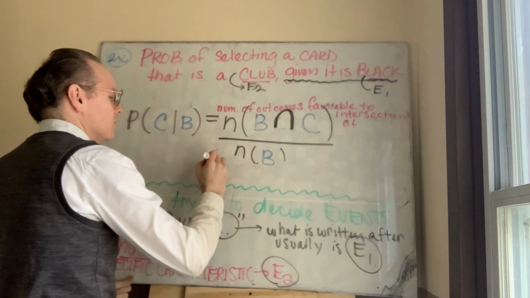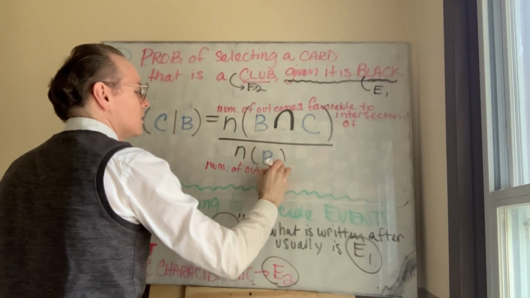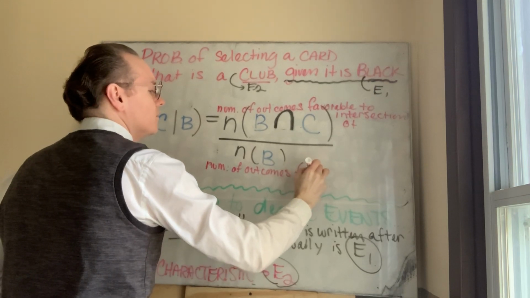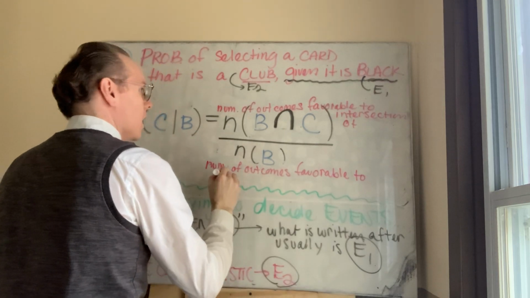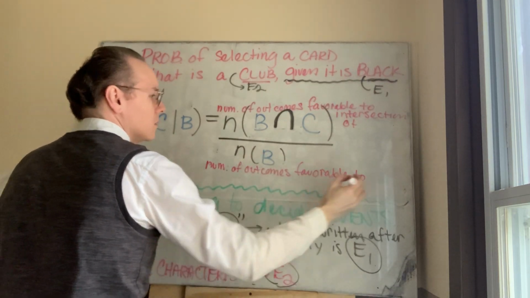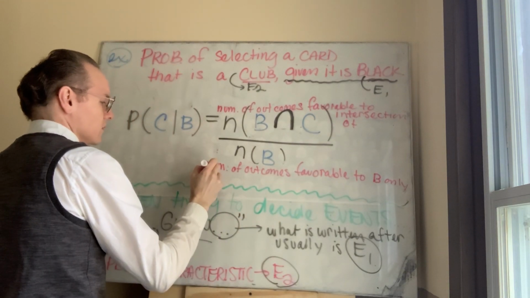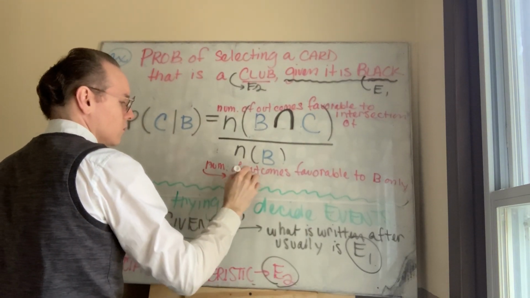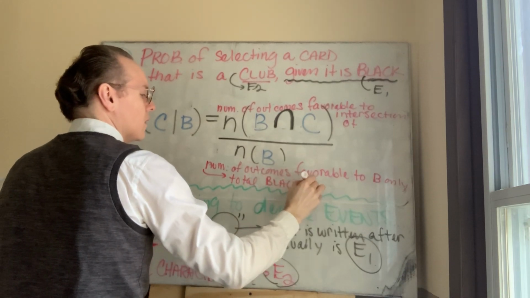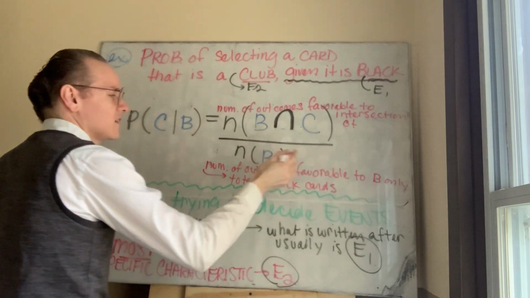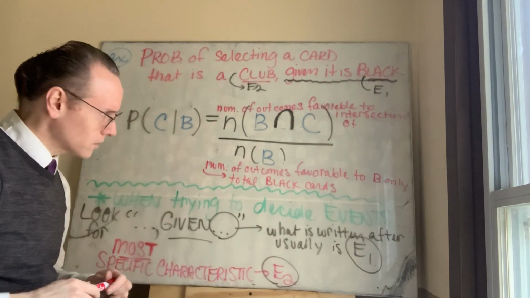Down here, this is the number of outcomes favorable to black only. You can think of this as naturally being a total. Basically, this is asking what is the total number of black cards. Of the two things to deal with, probably the denominator is easier.